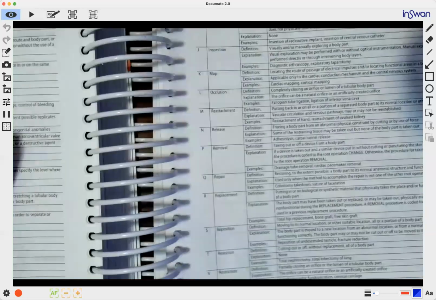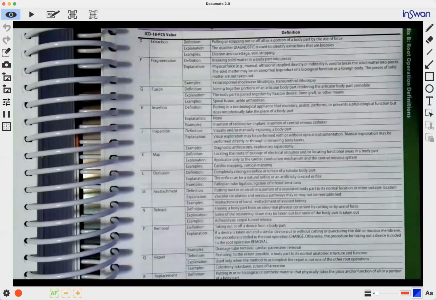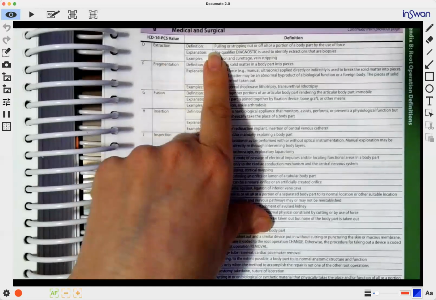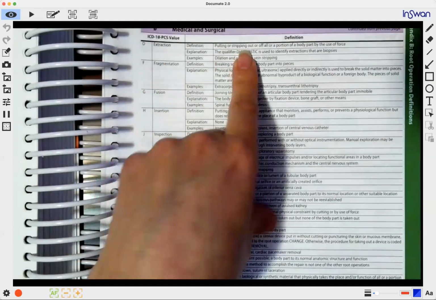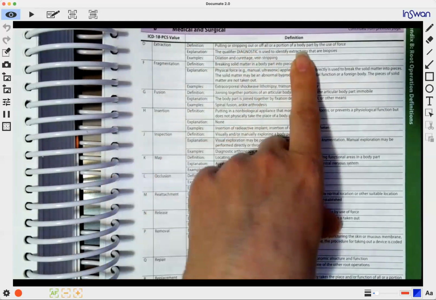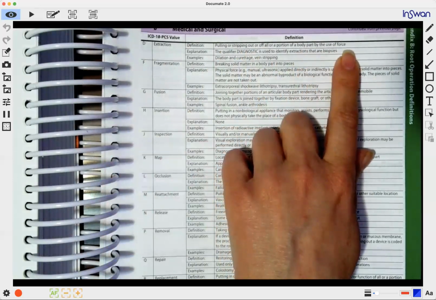Coming over here to continue on the next page, we have up next, extraction. Extraction is pulling or stripping out or off all or a portion of a body part by the use of force.